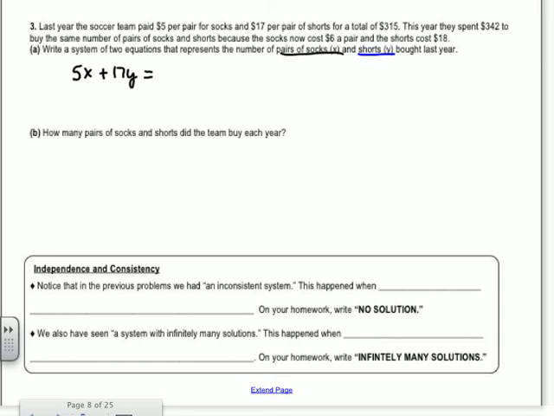This gave me a total amount of money of $315. Okay, the next one is 6X plus 18Y, and that equals 342. Okay, that's my system. You don't have to draw the brace there if you don't like to draw brace.